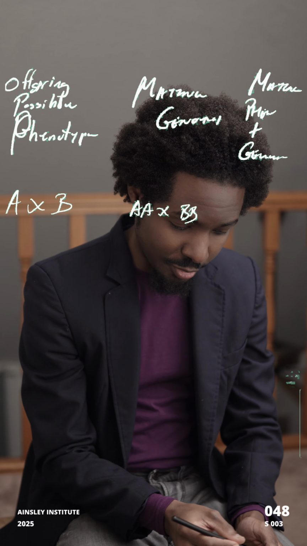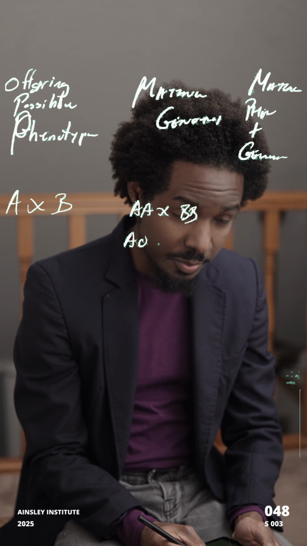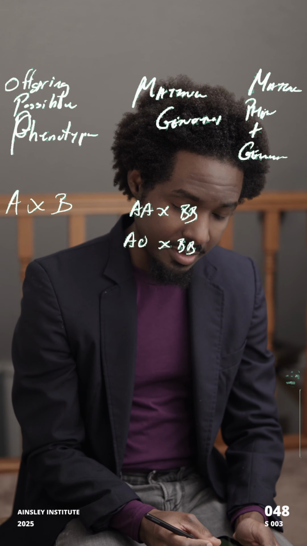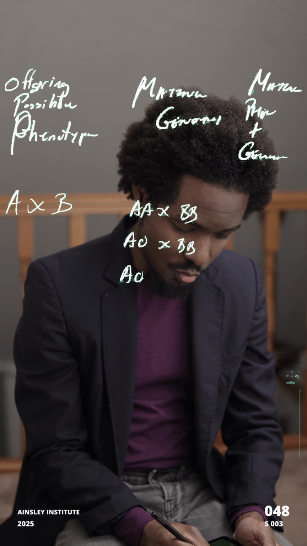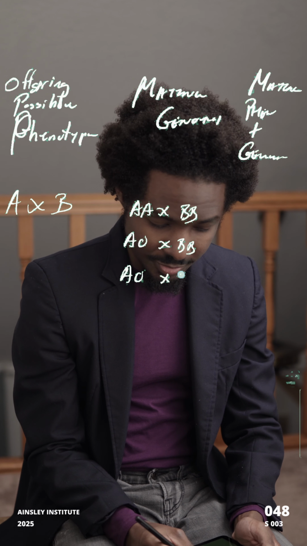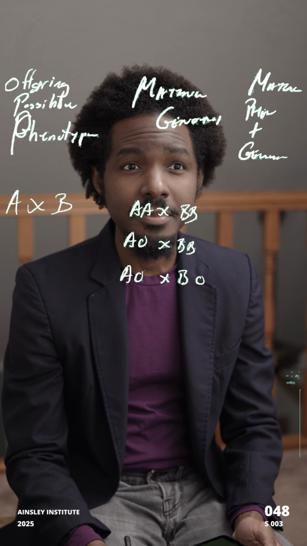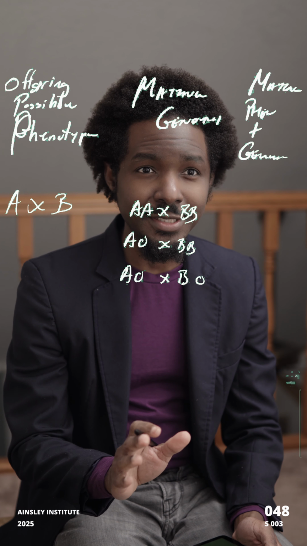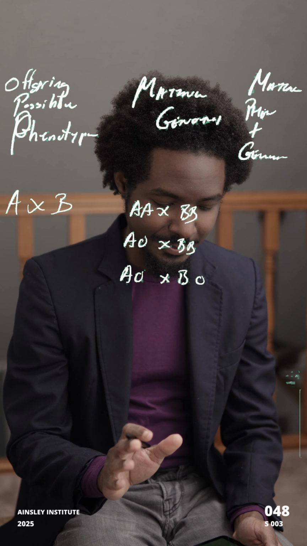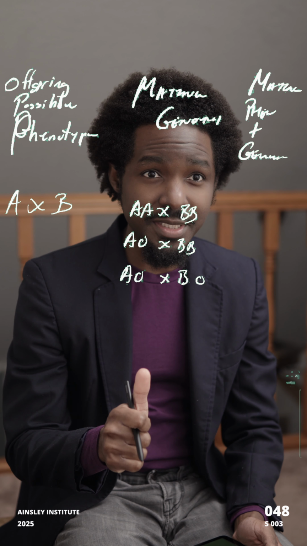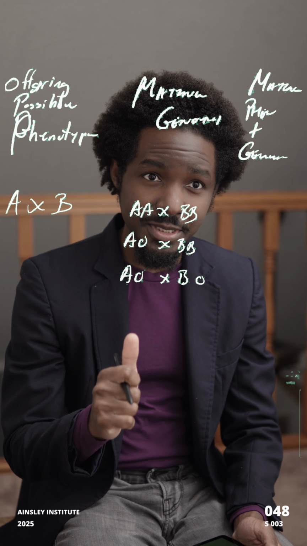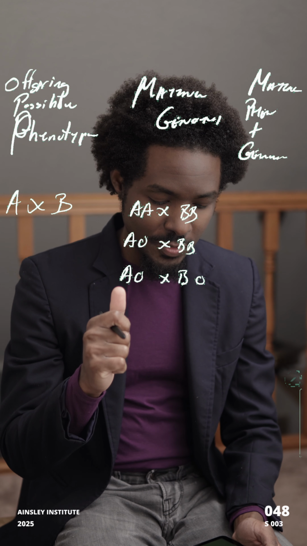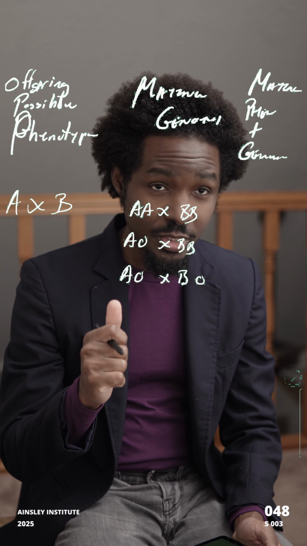Then, if that person is A, this person can have AO, and the other person can have BB. One person can have AO, and the other person can also have BO. So we have a variety taking place right here. All right, so we have AA times BB, or AO times BB, or AO times BO.